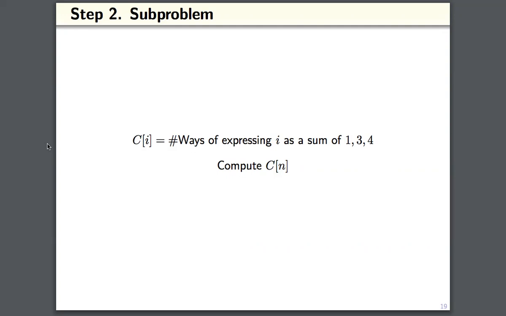So we just defined the subproblem, C of I. C of I is a cell in the table. How many cells will be in the table? It's a 1D array, so n. Our target subproblem is C of n. We want to compute C of n. So C of I is the generic subproblem, and C of n is the goal subproblem.